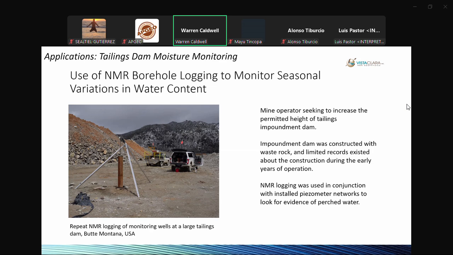Limited records existed about the early years of construction. The NMR was logged in a series of boreholes, and that data was combined with information from an existing piezometer network, and the objective was to look for evidence of perched water.